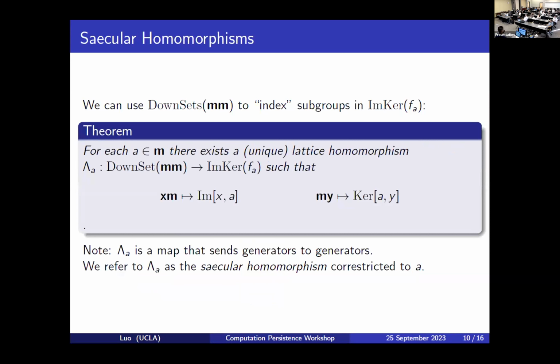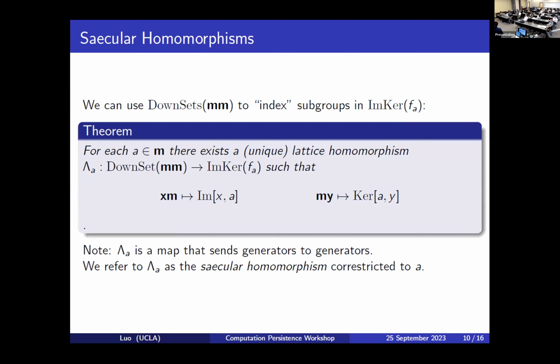Pretty much the entire reason we discussed this other lattice, the lattice of down closed sets, is that in some ways it indexes things in the secular lattice in Curve(FA). Namely, we have the following theorem that allows us to relate the two.